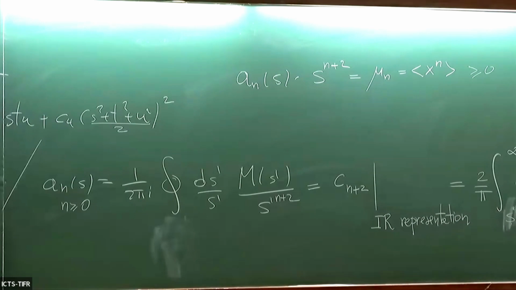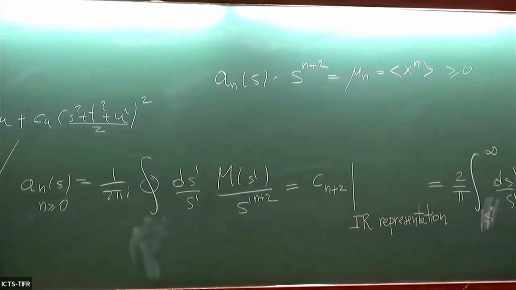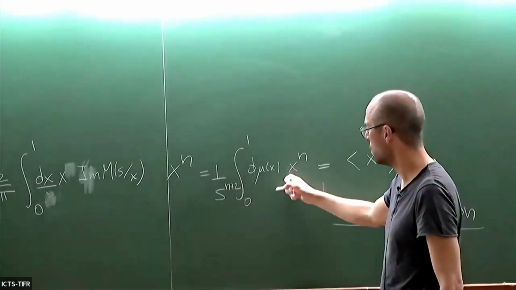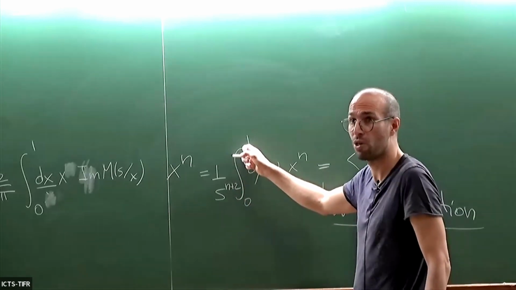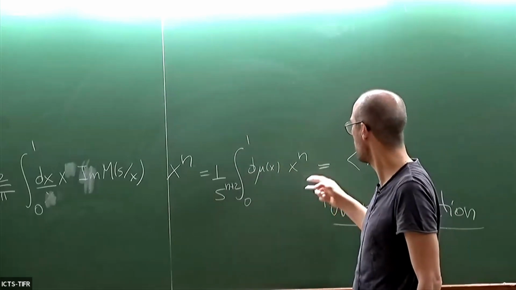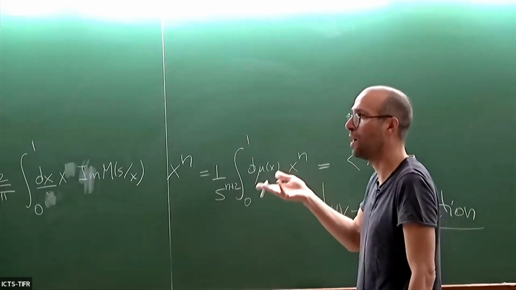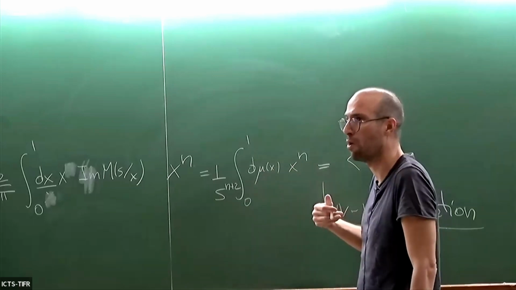But you can say much more. For example, one thing you can say immediately is that x here is integrated from 0 to 1, so x is positive and smaller than 1. So the moment n plus 1, integrated against a positive measure, is smaller than the previous moment.